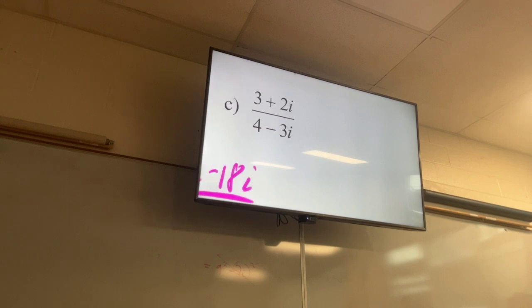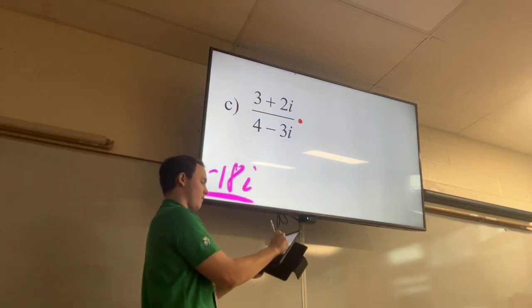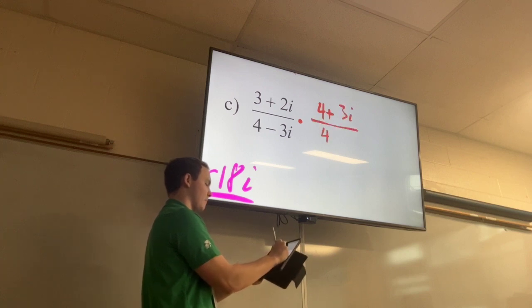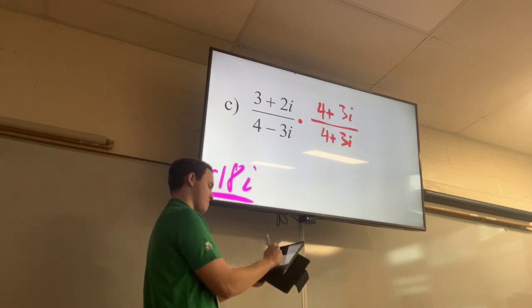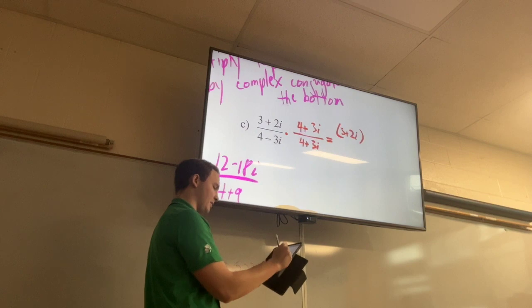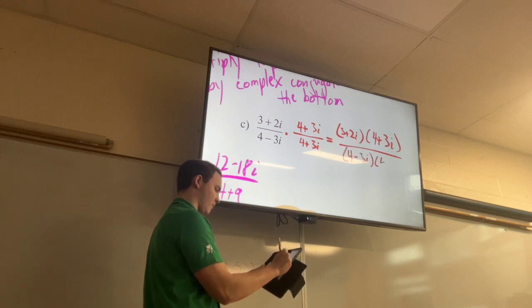All right, do you want to go through this real quick? What do I have to do? I have to multiply the top and bottom by what? 4 plus 3i, yes, the complex conjugate of the bottom. So that's going to be 3 plus 2i times 4 plus 3i over 4 minus 3i times 4 plus 3i.